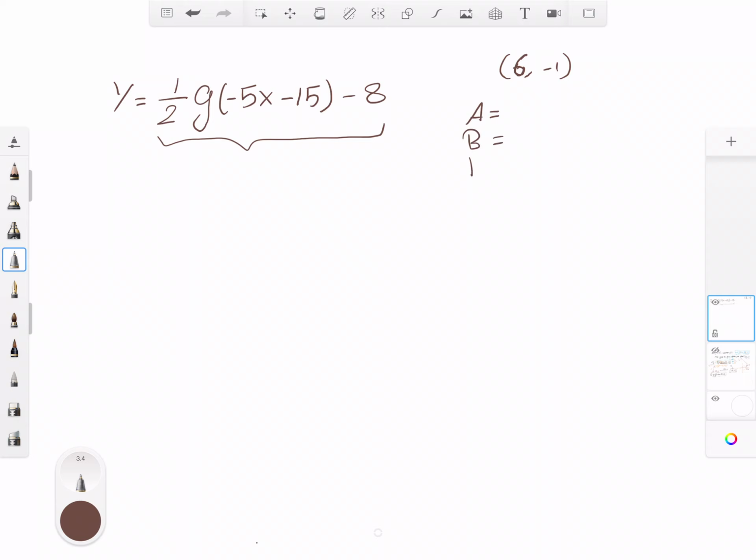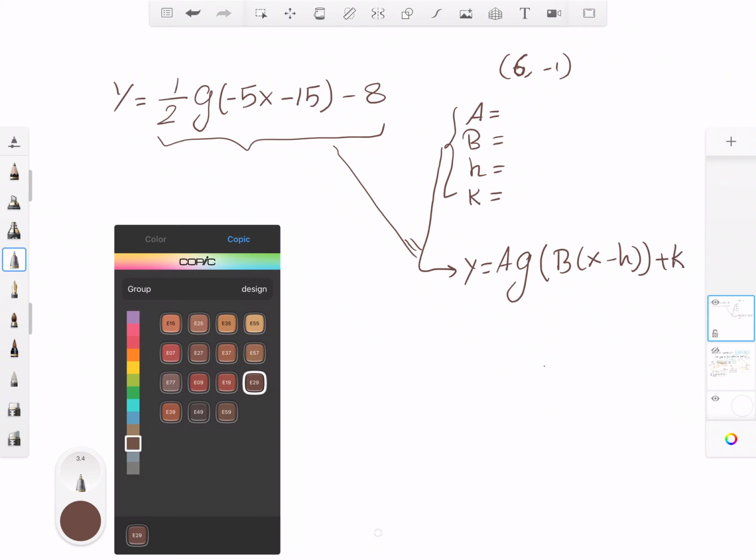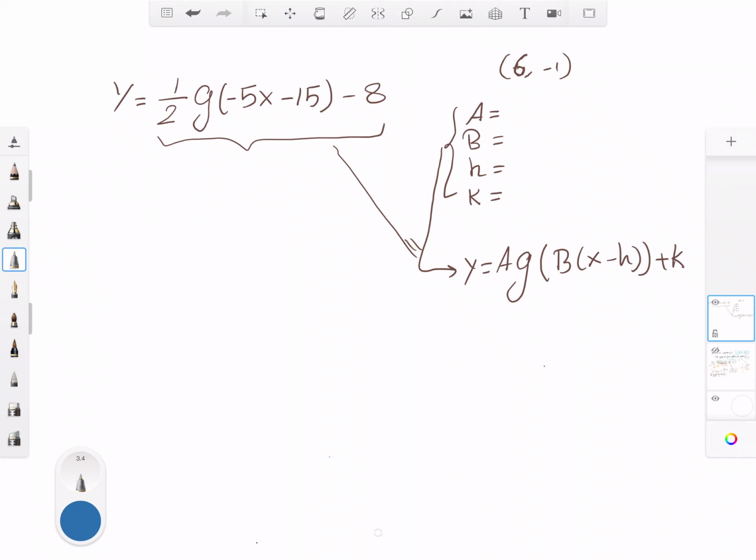In order to see all the transformations, I need to find a, b, h, and k. In order to find this, I need to make this exactly the same format as y equals a g of parenthesis b x minus h, close the parenthesis, plus k.